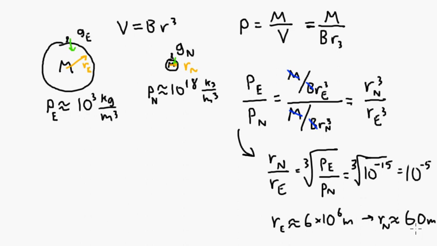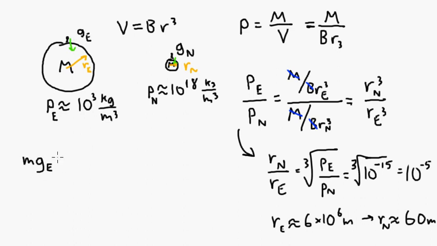Anyway, so now finding the surface gravity. Say you have mass m, and so your weight on the surface of Earth is m times Earth's gravity, right? This g sub e is your acceleration on the surface of the Earth from gravity, and that's your force from the Earth's gravity.